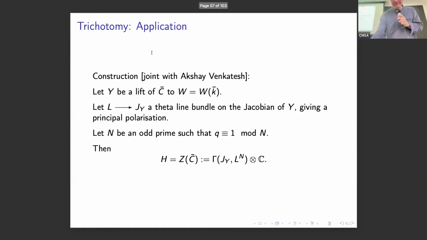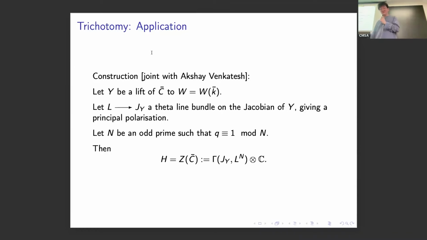What we're going to do in a very ad hoc way is associate the vector space to C bar, which is just the global sections on the Jacobian of L to the N, and then tensor that with C.